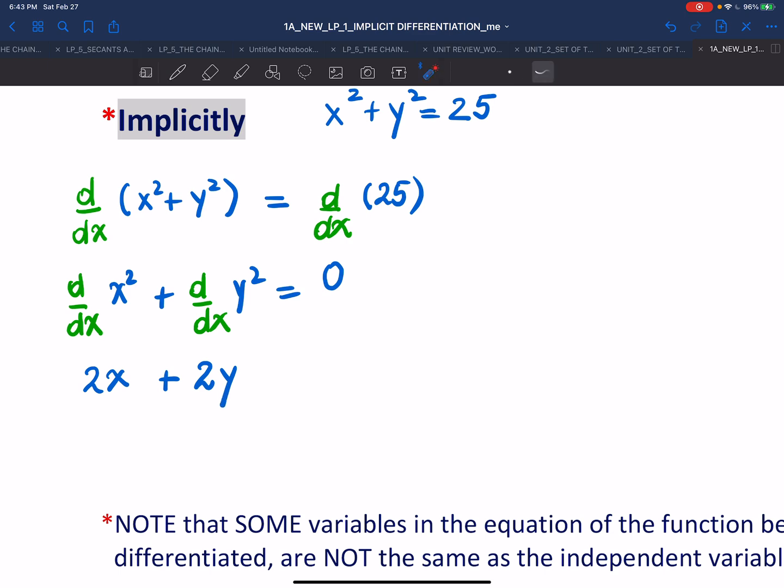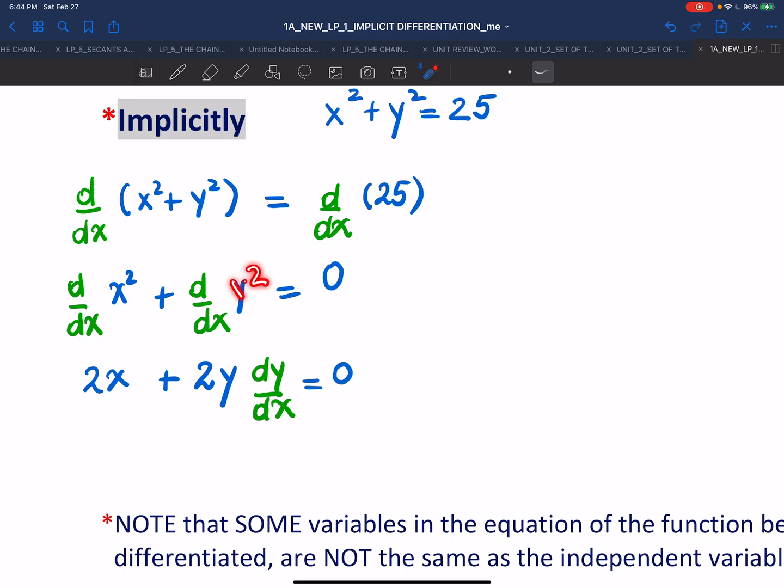But because we imply that y must be some function dependent on x, then we have to also multiply it by dy/dx equals 0. And if this explanation made sense, that's all there is about implicit differentiation, okay?